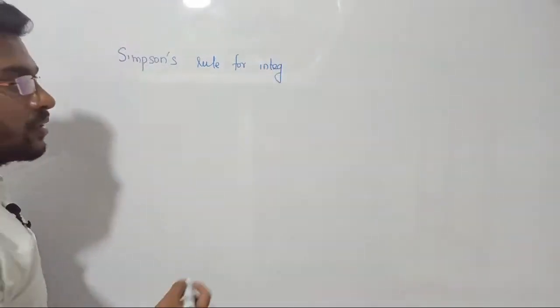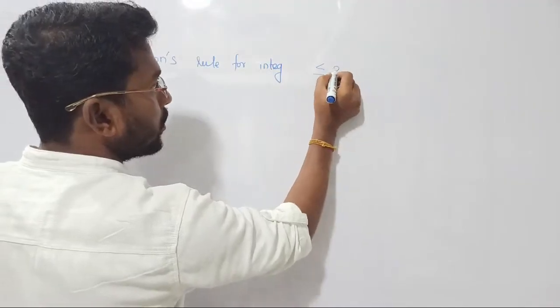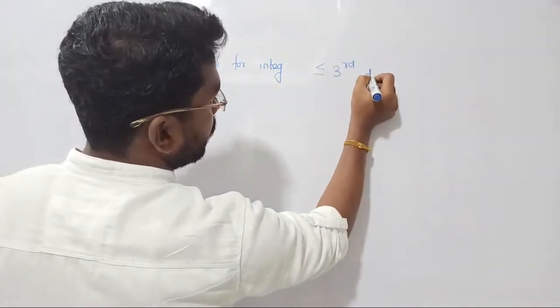If they ask generally like this, Simpson rule will give you exact results up to less than or equal to 3rd degree. That's all, right? We know the answer for this one.